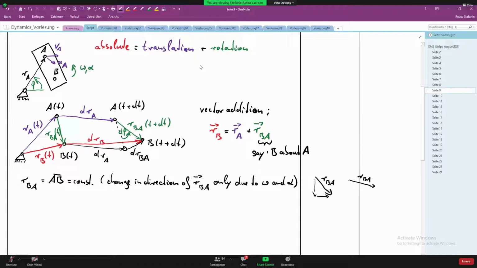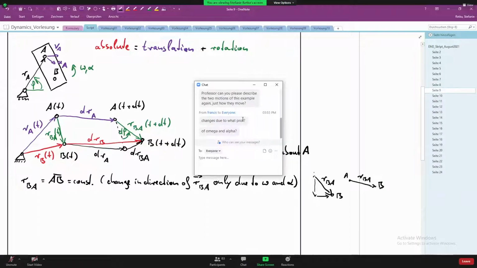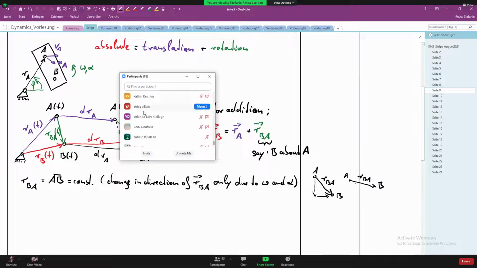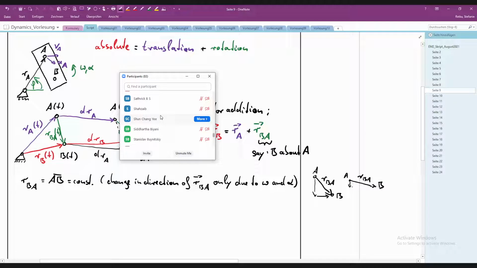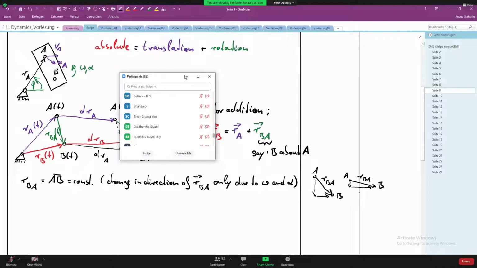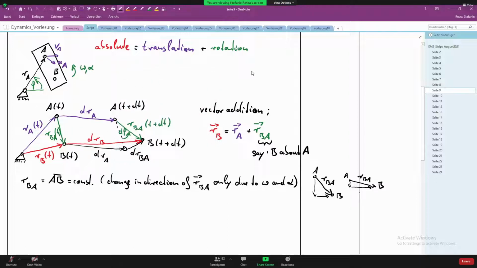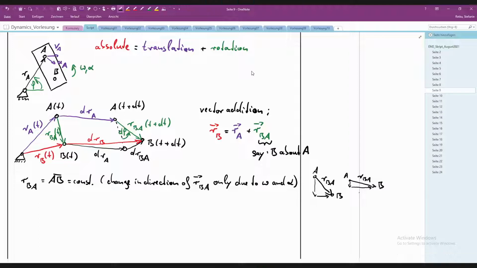This is A, this is B. Then the length of the vector, the absolute value of this vector, is constant, but the components have changed. So if you write it as a vector with your components, the x and y components, or horizontal and vertical components, change over time, but not the absolute value, the length of the vector.